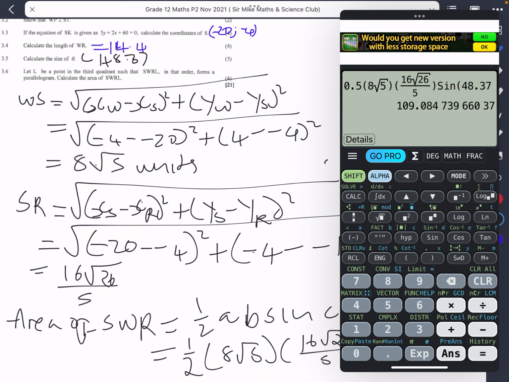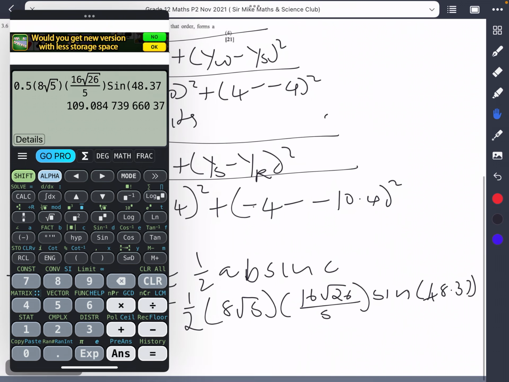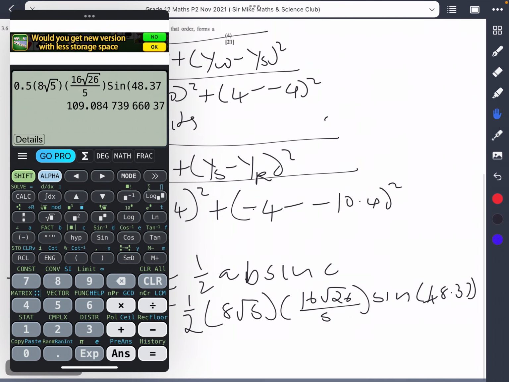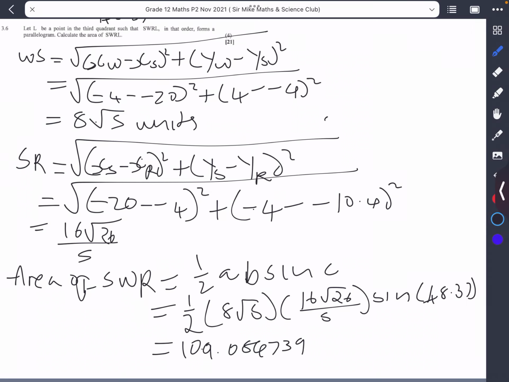So that's actually 109.084739. Let me just take it to the other side. I've run out of space actually.